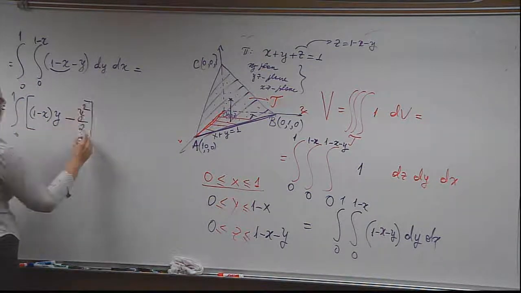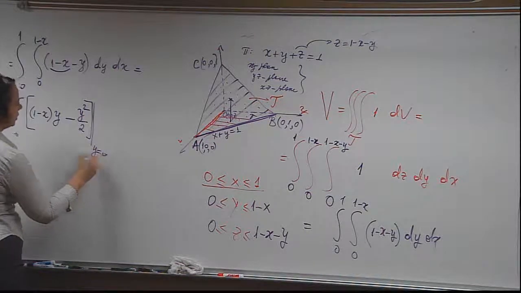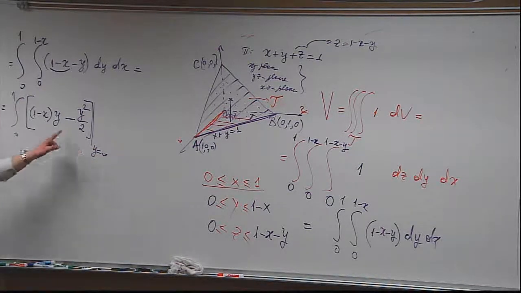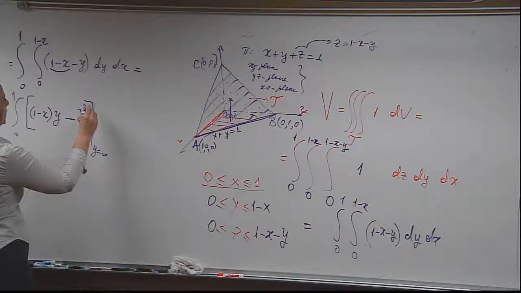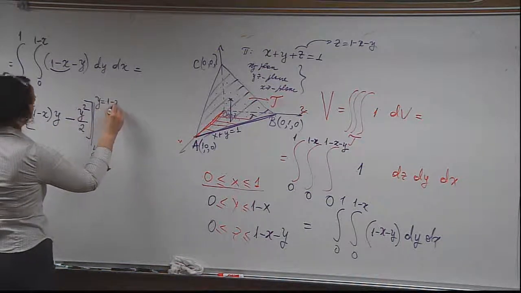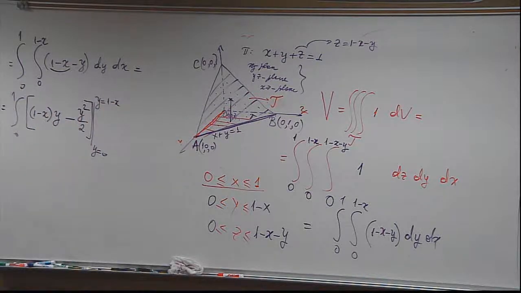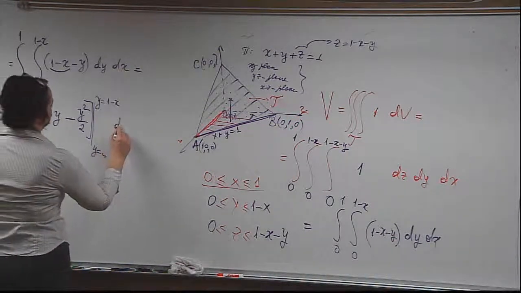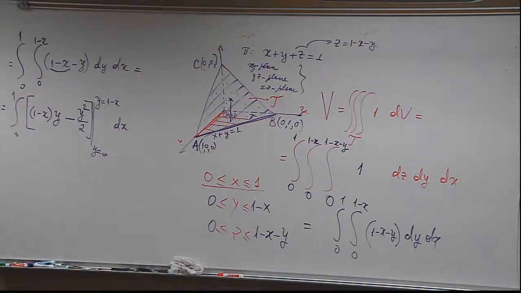Between y equals 0 down. That's going to save my life because for y equals 0 it is 0. It's going to be a great simplification. And for y equals 1 minus x on top, hopefully it's not going to be the end of the world. It looks ugly now, but I'm an optimistic person, so I hope that this is going to get better. I can see it's going to get better. So I have the integral from 0 to 1, and now I say, okay, let me think.